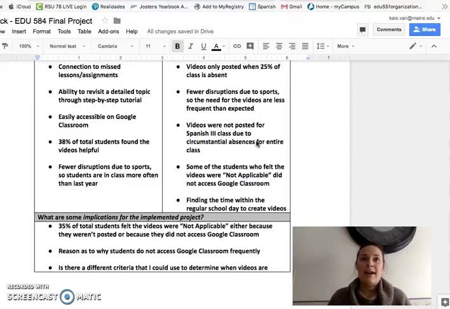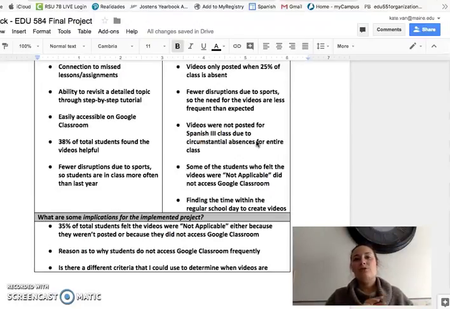Now, I think I had talked about this earlier, but I could have posted an entire lesson digitally for the entire class. But given the number of days that were actually missed for the Spanish 3 classes as a whole, that would have been several lessons. So if I really wanted to collect the data, there is a way that I could have done it, but it also would have been a completely different way than I had done it for other classes.